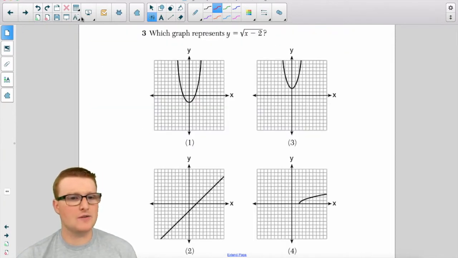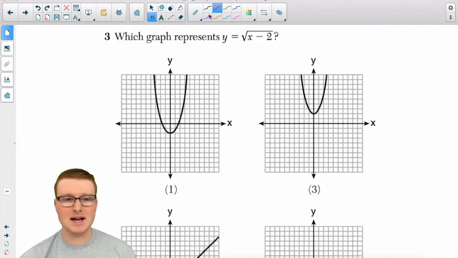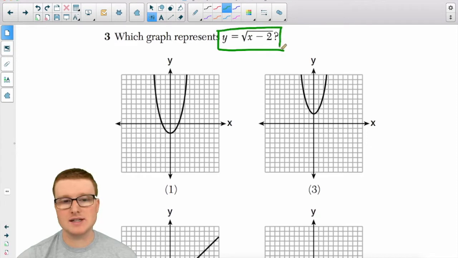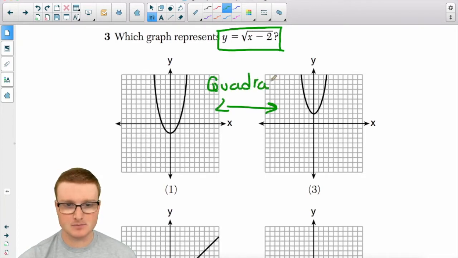Number 3, which graph represents the square root of x minus 2? So, you might not know what this is without even sketching it. I do because I've been doing math for a while. But let's just go through each answer choice. Choices 1 and 3 both show a quadratic. Okay?